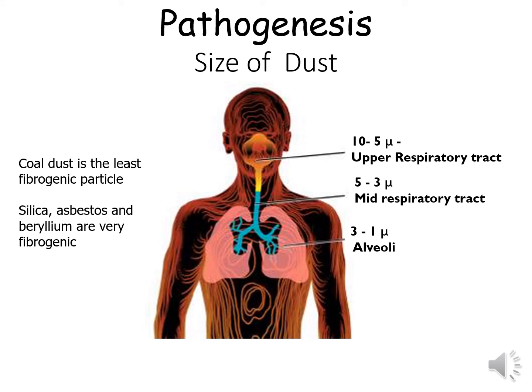The particle size determines the site of lung deposition of the material. Particles smaller than 0.5 micron reach the alveoli and are phagocytosed by alveolar macrophages. Coal dust is the least fibrogenic particle, and silica, asbestos, and beryllium are very fibrogenic.